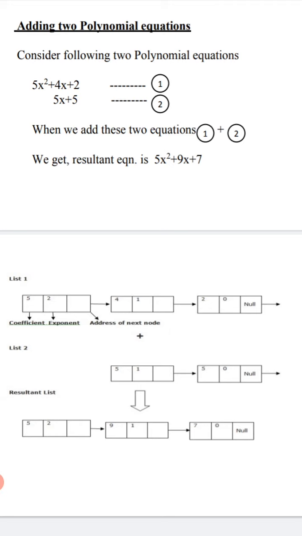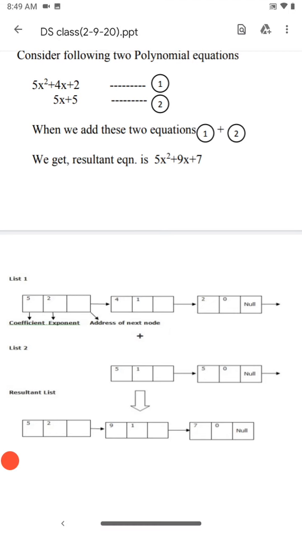The first equation has three terms, so we need three nodes: the first node for the first term, the second node for the second term, and the third node for the third term. First term: coefficient 5, exponent 2, then the link part.